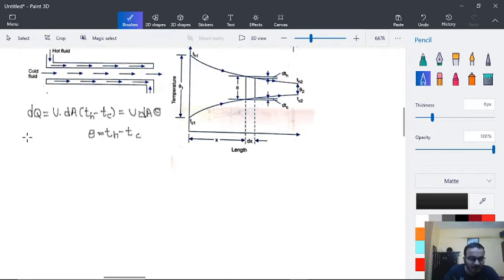Now we can write dq is equal to mh ch into dTH.